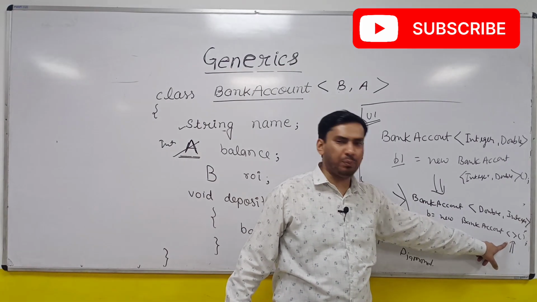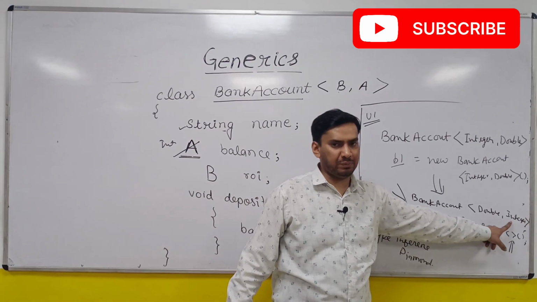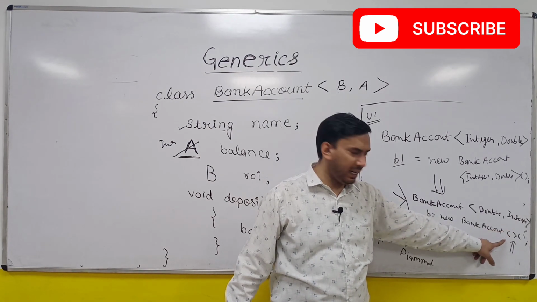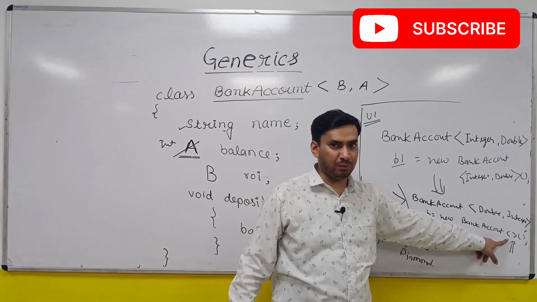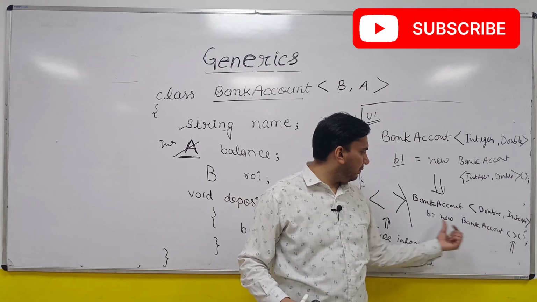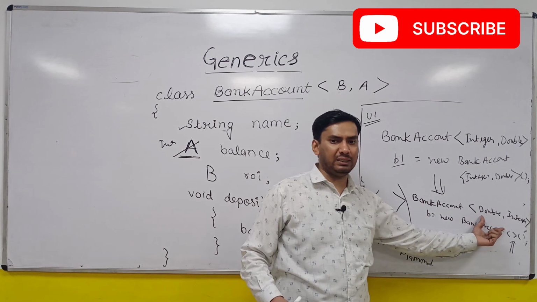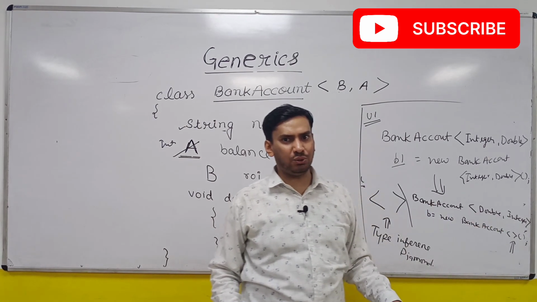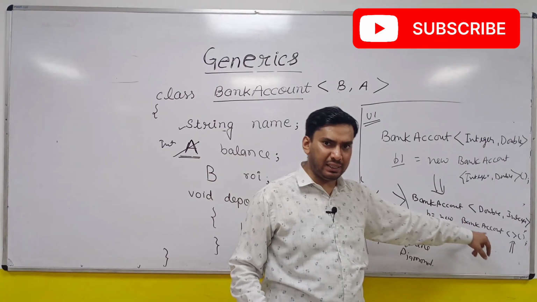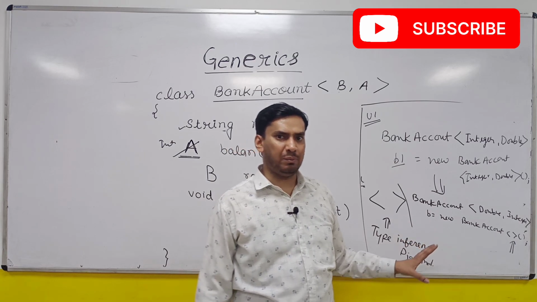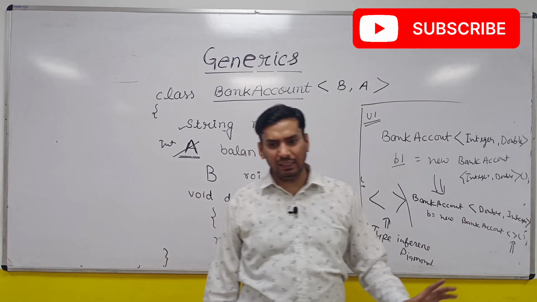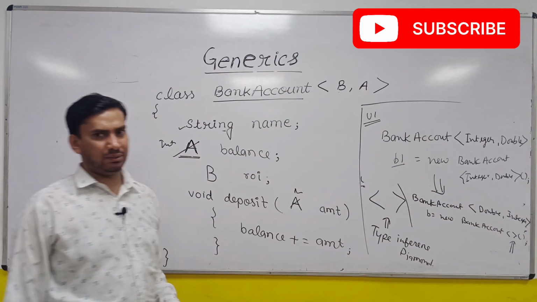Here it is optional to write the actual types. Right? You can write them, that is also acceptable, but you can skip it also, but only when the left side is already specified. The vice versa is not true. Means if the left side is blank and on the right side you are writing the types, no, it will give you a problem. Right? So this is the type inference diamond also.